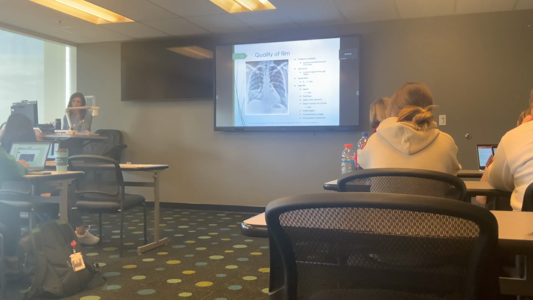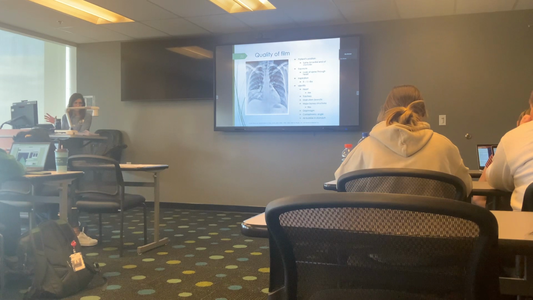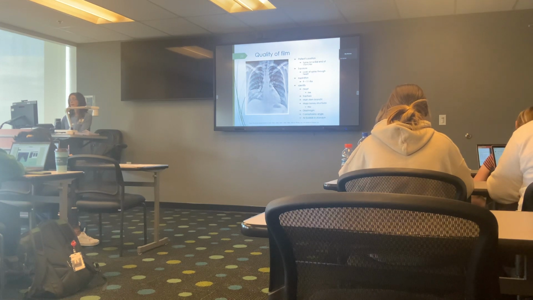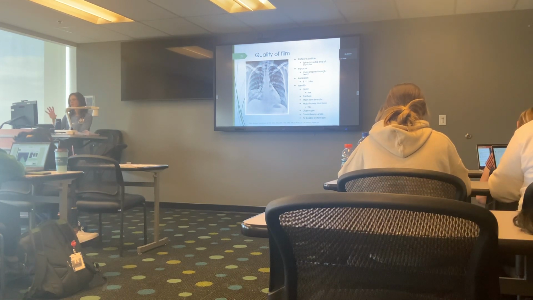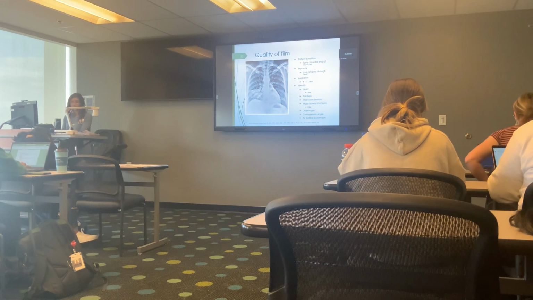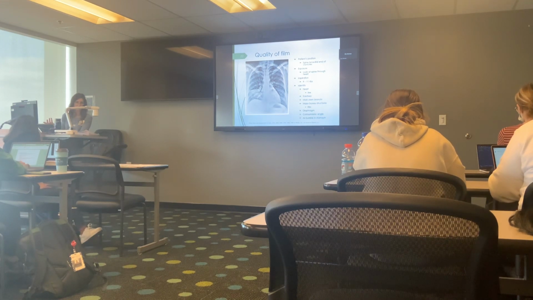The way I try to remember that is underexposed is UVW, white. Underexposed, things are more white. However you can remember that. If it's overexposed, things look more black and you'll really be able to see the spine very clearly, and other things will look unusually black. If it's underexposed, it's going to be more whitish. Either way, you might be missing things that you want to see, so it's important to identify that.